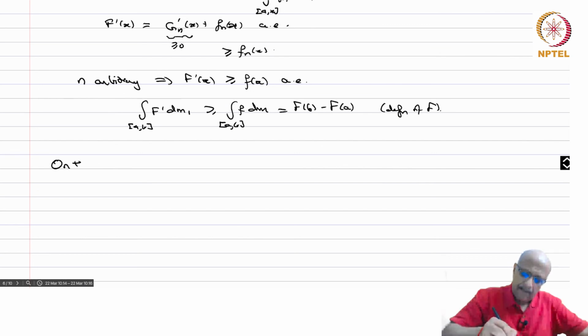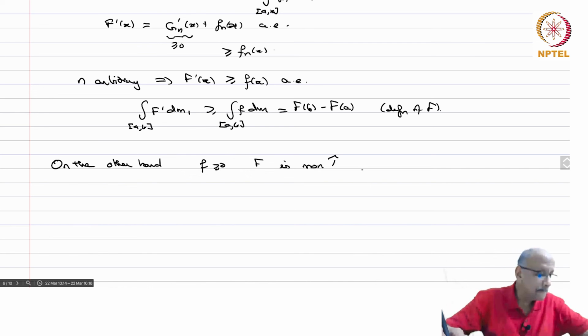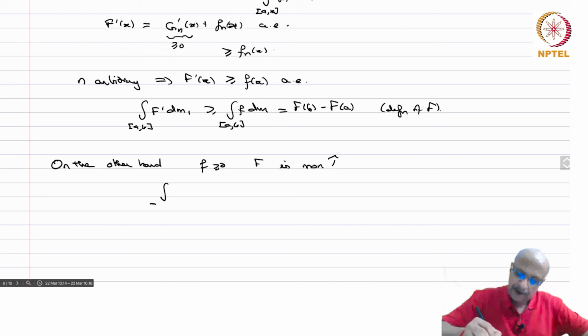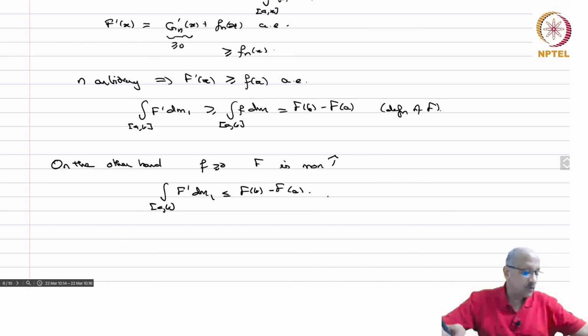On the other hand, f is non-negative, so capital F is monotonic increasing, and therefore the integral over [a,b] of F' dm1 is less than or equal to F(b) minus F(a), because for monotonic functions we know that this is true. So therefore you have the integral of F' bigger than or equal to F(b) minus F(a), and the integral of F' less than or equal to F(b) minus F(a).